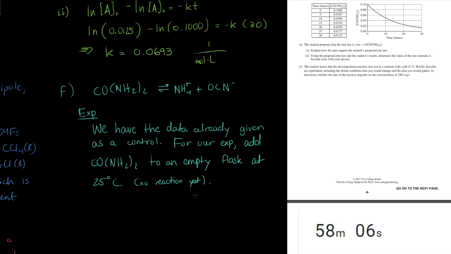And then we're going to add, let's say, a measured amount. We don't really need to specify more than that. Add a measured amount of HCl to the flask, which is implied.